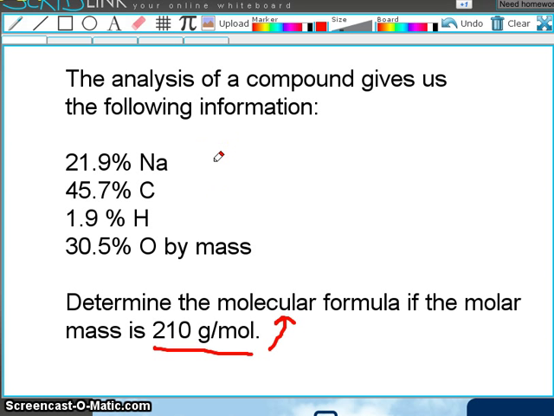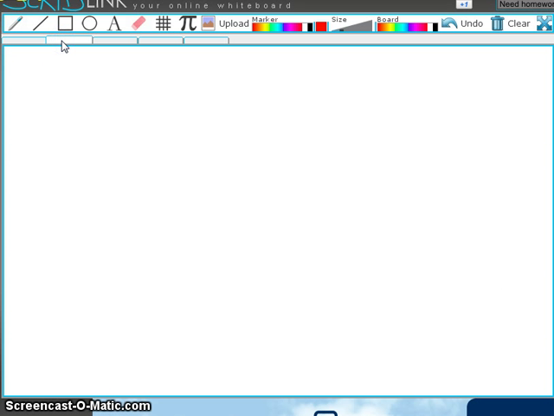So we have this information, and so what do we do next? Really easy. Your next step should be to make up a small table. So it should be step 1. Always assume that you're dealing with 100 grams of sample.